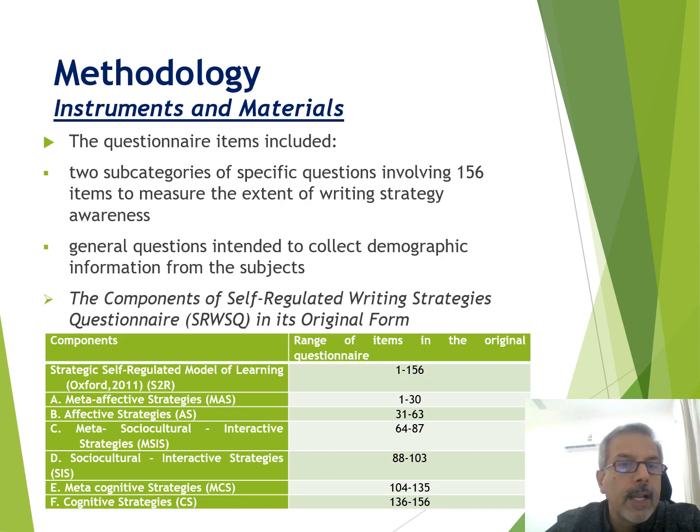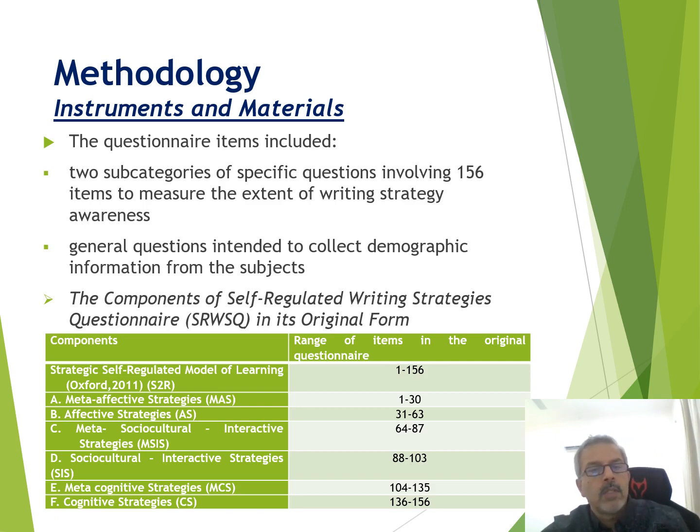So let me go to the instrument and material. I briefly talked about it. I had, let's say, 6 components. You can see it in the table, A, B, C, D, E, F. Those are dimensions of the self-regulation model.